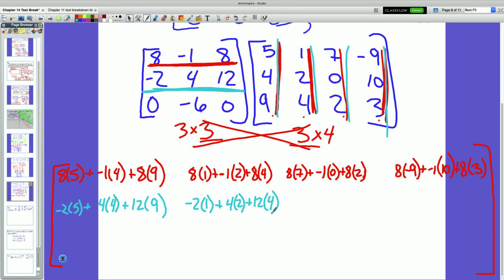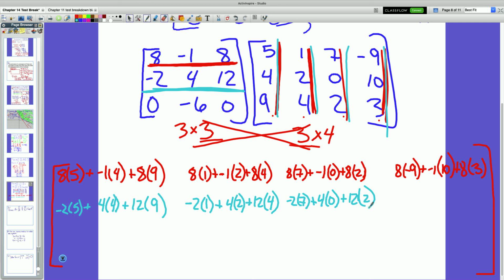Then for the third column, I'd have negative 2 times 7 plus 4 times 0 plus 12 times 4. And then my fourth column, negative 2, oh, sorry, I messed up. Whew, this is why you should show your work. Because if you mess up in one little place, and I can find where you messed up, you're only going to lose the 1 point instead of losing probably 2 or more for an answer being wrong. So this should be a 2, sorry, not a 4.